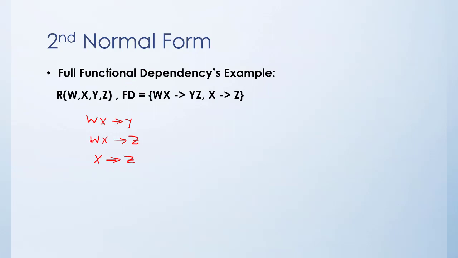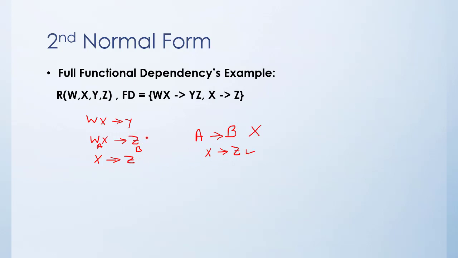Now you can see that if this is my A and this is my B, according to the definition of full functional dependency, A determines B, B is fully functionally dependent on A, if we remove any attribute from A, this functional dependency will not hold. So here we have WX determines Z. Here if we remove W from it, the functional dependency still holds, right?